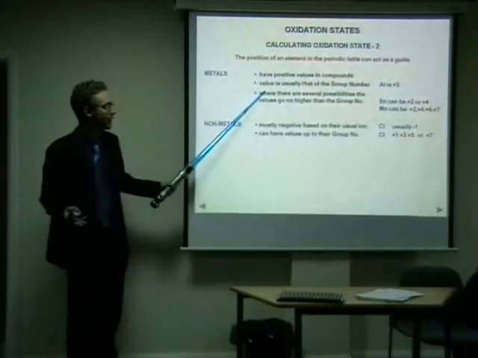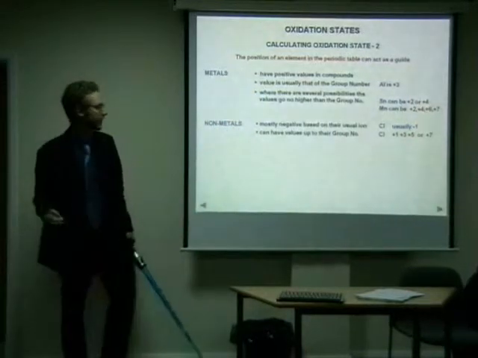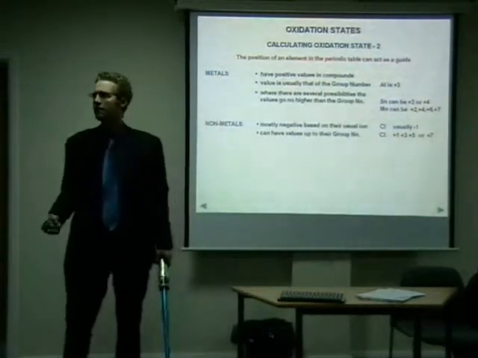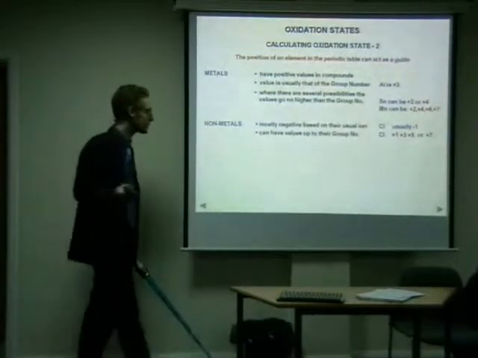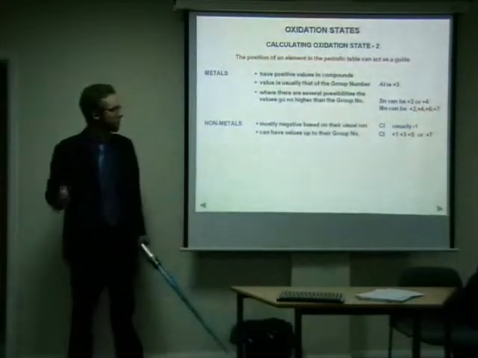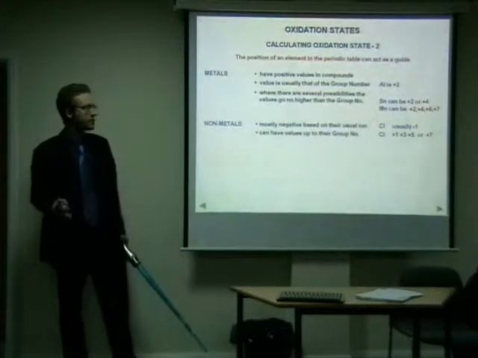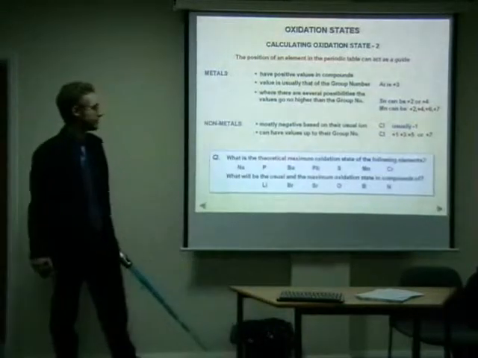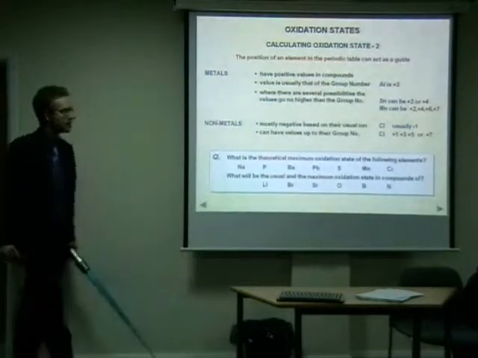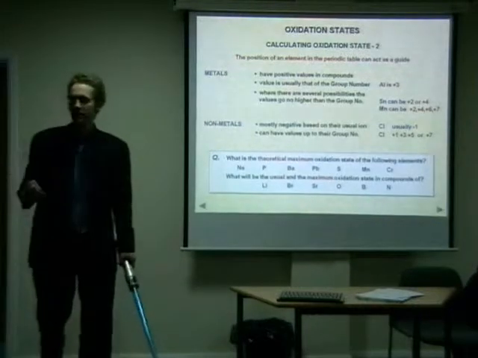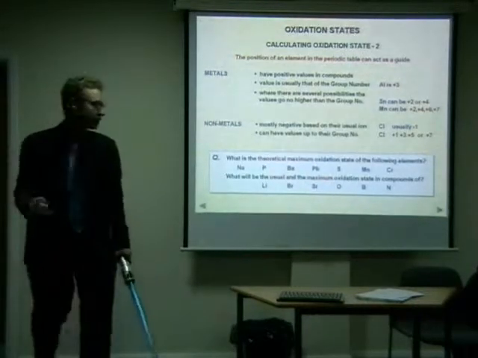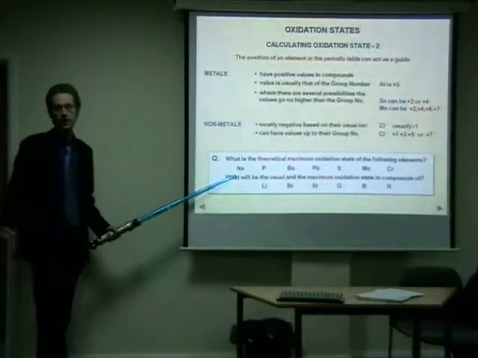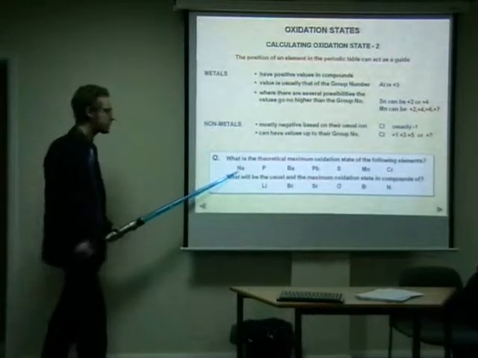Metals typically have positive values, but some of them have multiple different values. So manganese can be +2, +4, +6, or +7. Vanadium can be +2, +3, +4, +5. Non-metals are mostly negative, apart from when they're combined with oxygen. And that's where chlorine can be +1, +3, +5, or +7. You can think of it in terms of the number of electrons you could possibly lose or possibly gain. So sodium is only going to lose 1. Its oxidation state, when combined with anything else, is always +1.